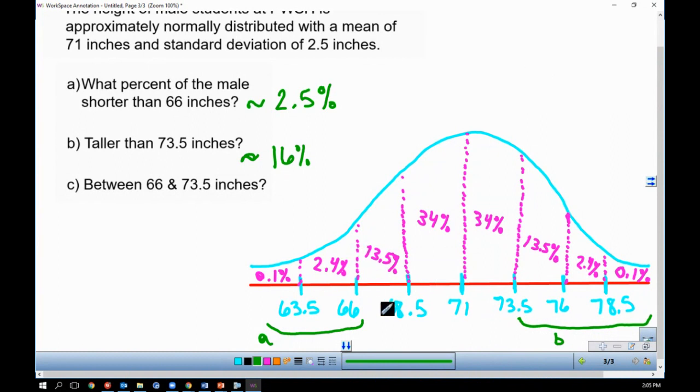Now C asks how many are in between 66 and 73.5? How many is in that range? Let's see, we have 34, and 13.5.